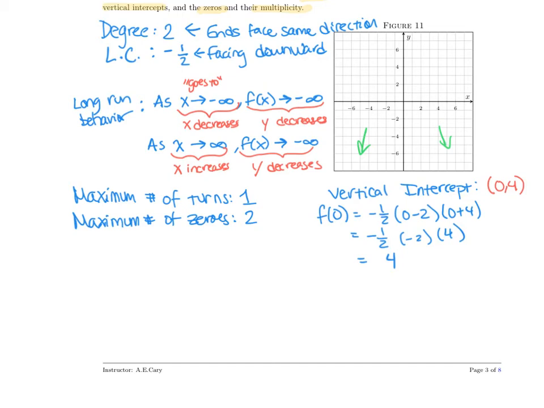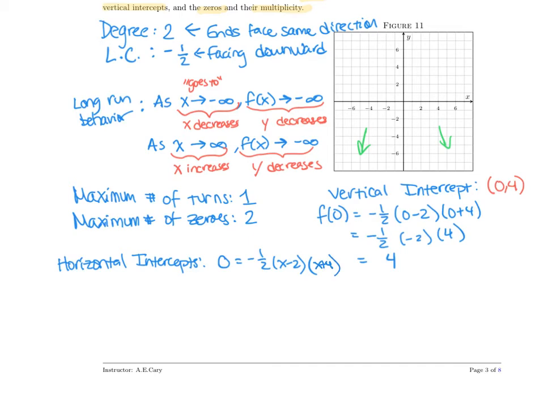Next, for our horizontal intercept, this one's going to take just a little bit more work because we have some other things to mention as we go through. So for our horizontal intercept, to find our x values, that's when our y value is 0. So this is 0 is equal to negative 1/2 times x minus 2 times x plus 4.